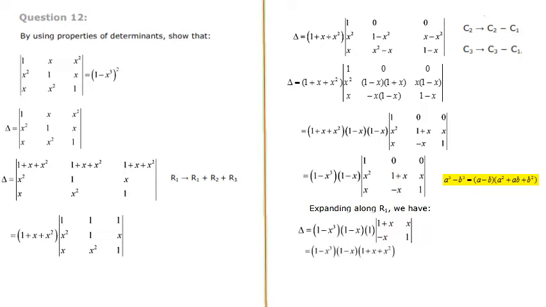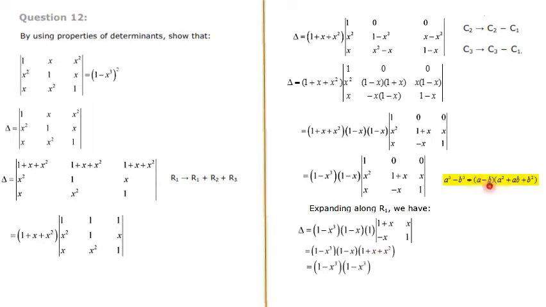It is written. Next 1 minus x the whole cube into 1 minus x into 1 into this 1 plus x into 1. 1 plus x into 1 is 1 plus x, minus minus x into x. Minus x into x is minus x square. So minus x square, that is plus x square. Now again you can use the same identity, that is 1 minus x into 1 plus x square.